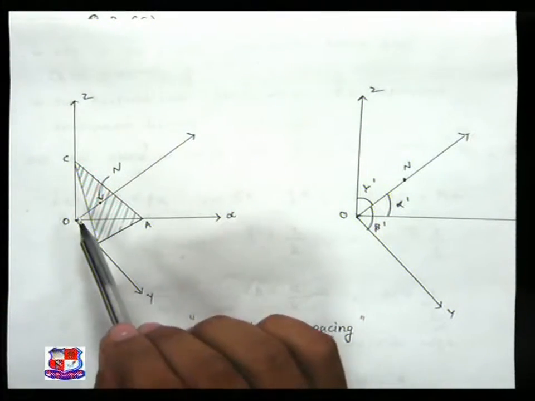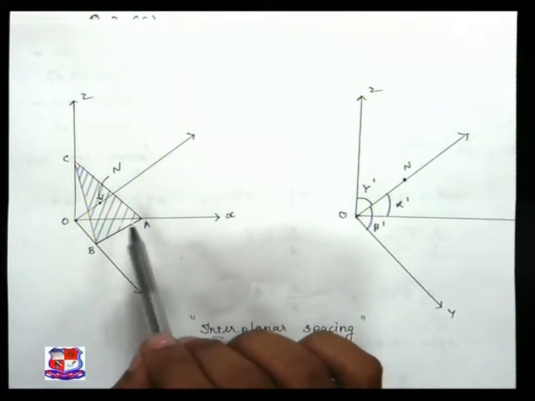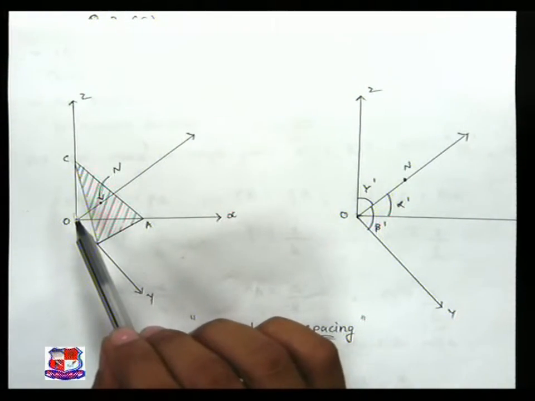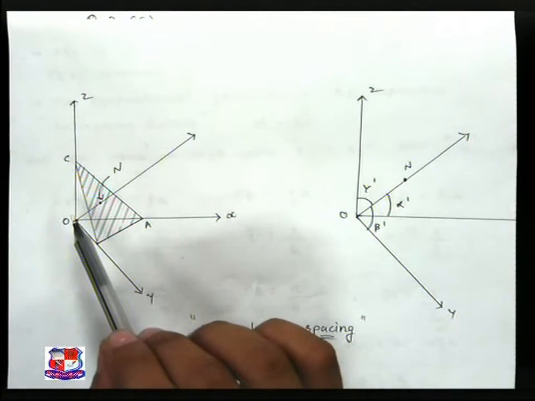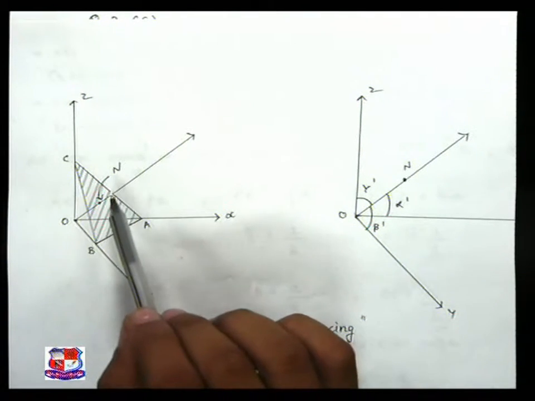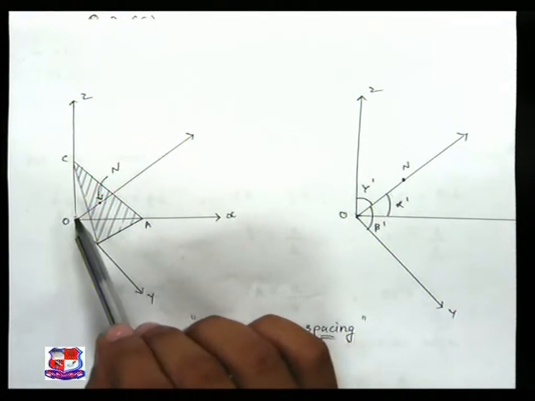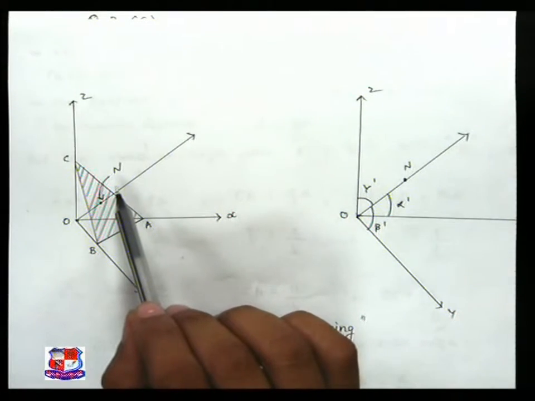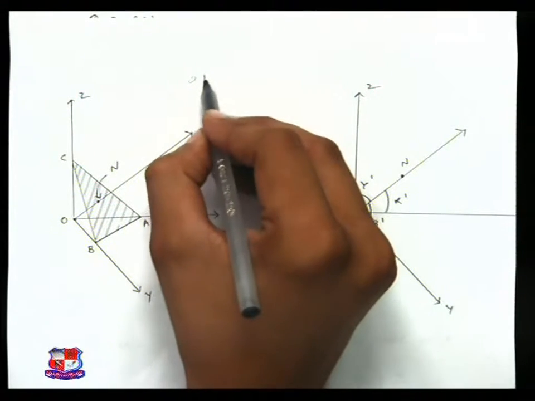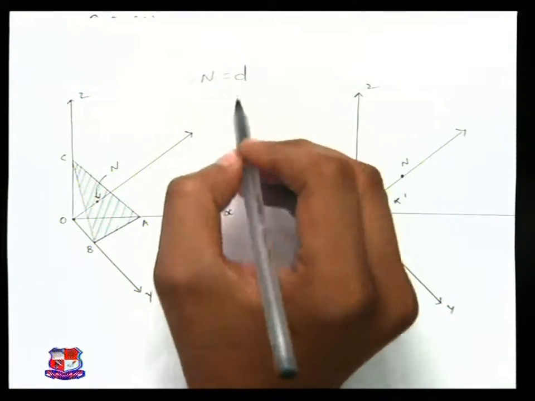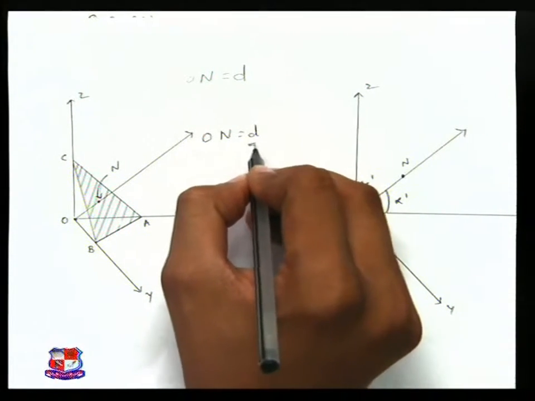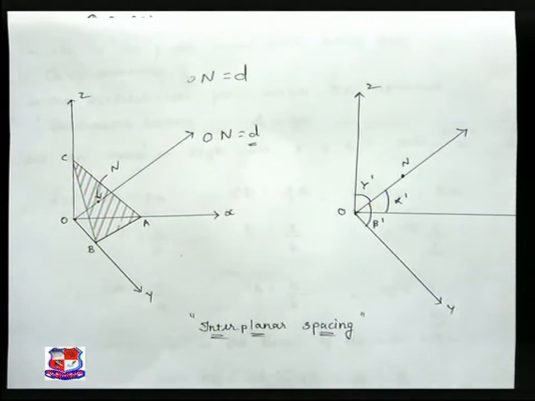ABC has intercepts OA, OB and OC from the origin. From the origin to the point N, ON represents the interplanar distance. I repeat, ON is equal to the interplanar distance.